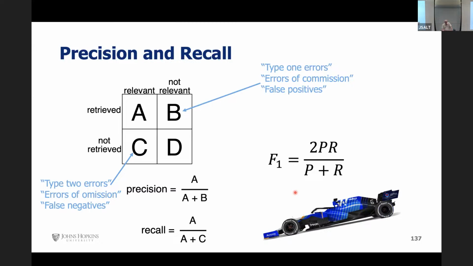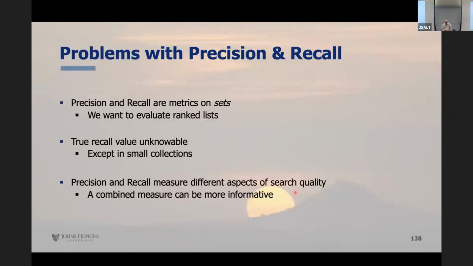That's used for a lot of things, not just information retrieval, but named entity recognition and so on. These are metrics on sets, but we really want to evaluate ranked lists. You can't really know the true recall in most cases unless you look at every document.